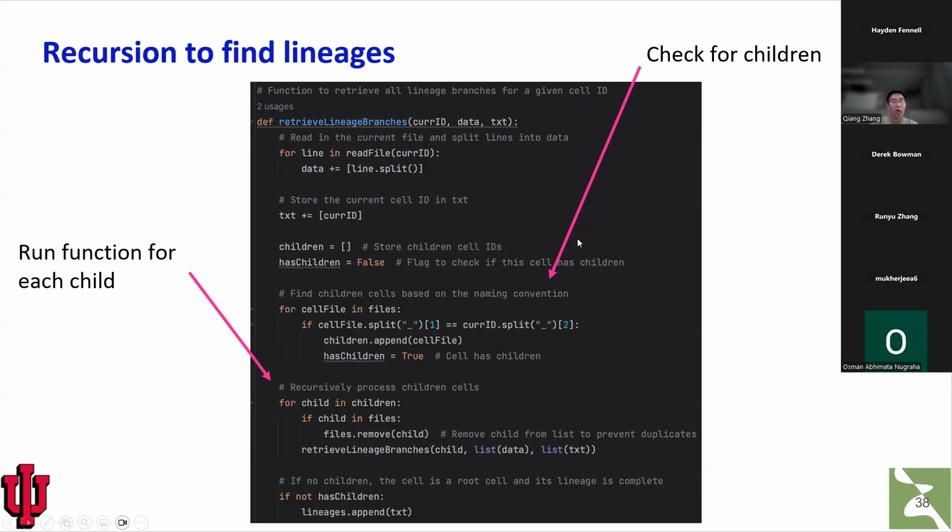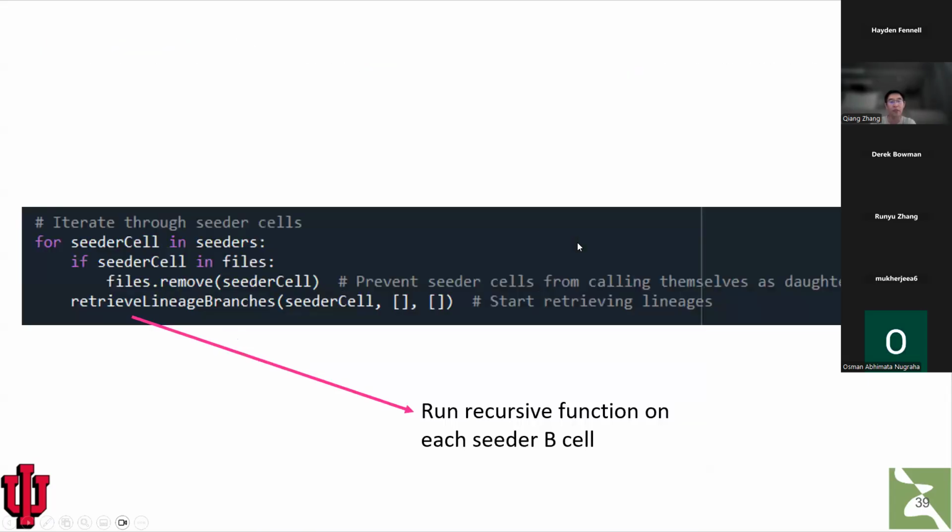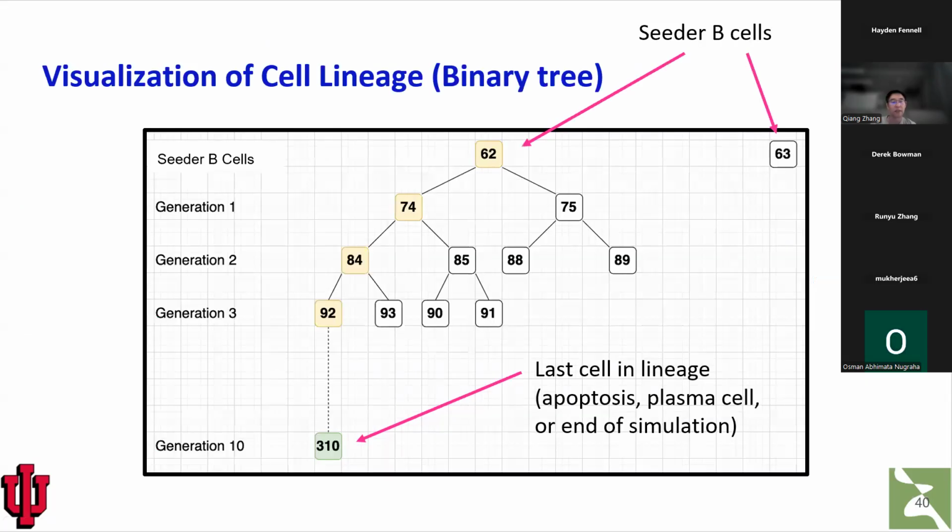And so essentially, for each seeding B cell, we do this lineage branch retrieval process. So the idea is that, let's say you're starting with a seeder B cell number 62, and you generate all these binary trees. If you follow any one linear path, that gives you a lineage branch. If you go through 84, 93, that gives you another linear branch, and for 63, you do something similar.